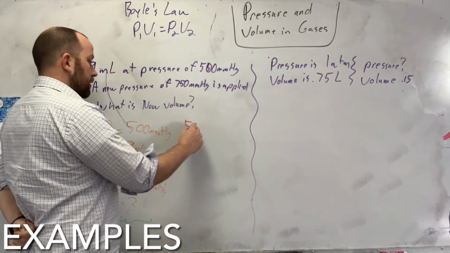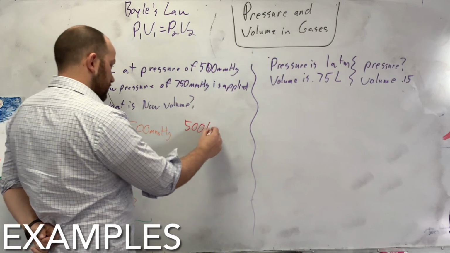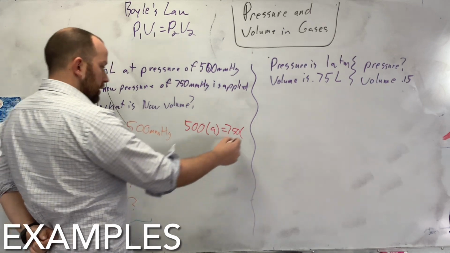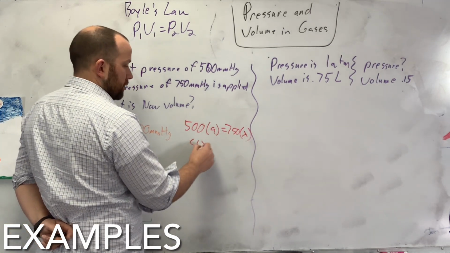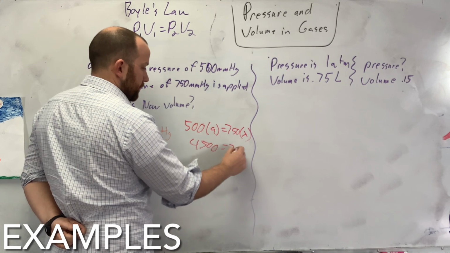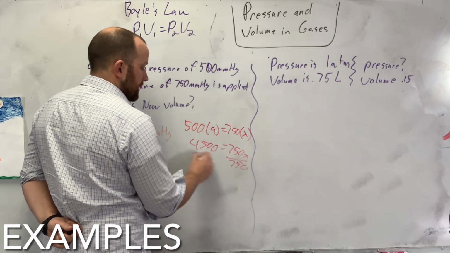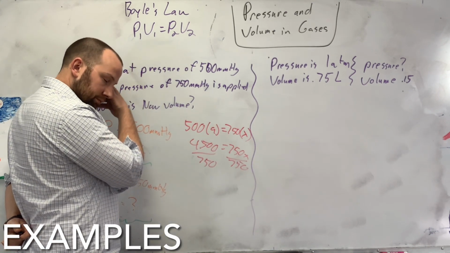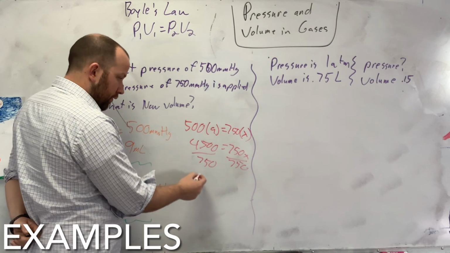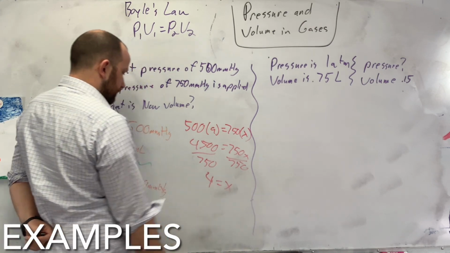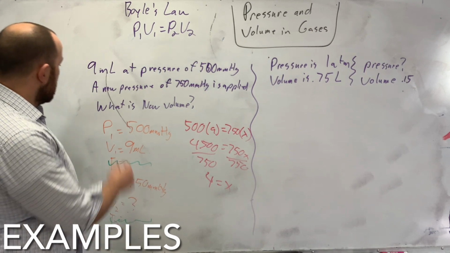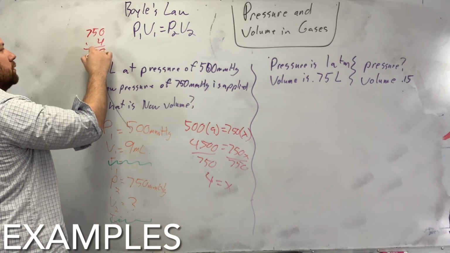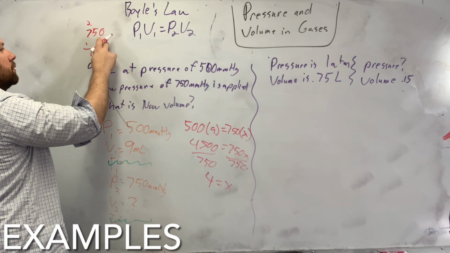So I do 500 times 9 equals 750 times x. And I solve, so it's 500 times 9, then divide both sides by 750. That gives you, 7, 14, 21, 28.